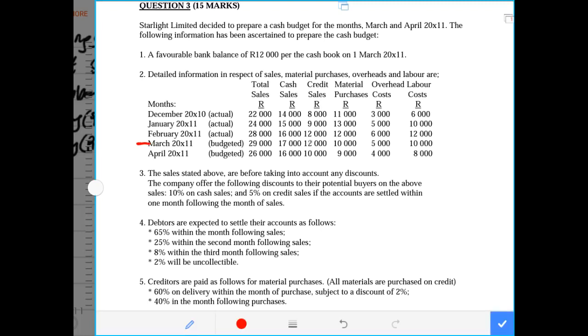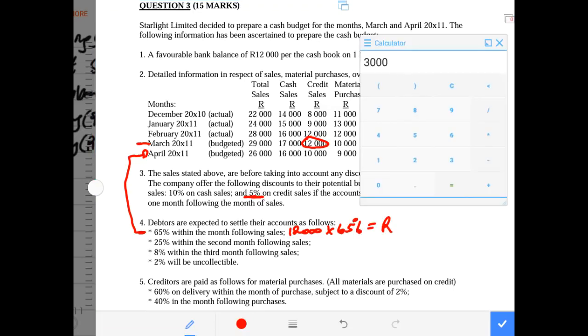Credit sales for March is again 12,000, same as February. And we know that 65% of that will be collected within the month following the month of sale. That means it will be collected in the month of April. And 5% of the discount will be granted. So now we have to say out of the 12,000, we multiply this by 65%. It will give us the amount of the credit sales that will be collected as 65%.